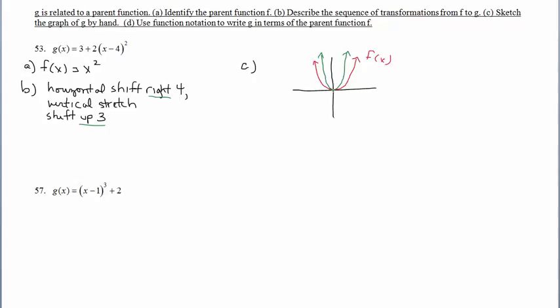And probably the easiest way to do that would be to take a pretty important point, a key point, which is the origin, and move it right 4 and up 3. So the vertex of the stretched graph is now right there. I think I'll do that in a different color. So the final graph, and I'm trying to maintain this stretch.